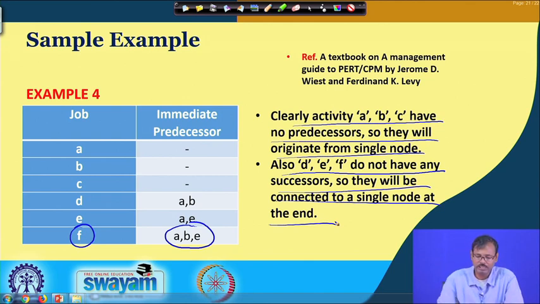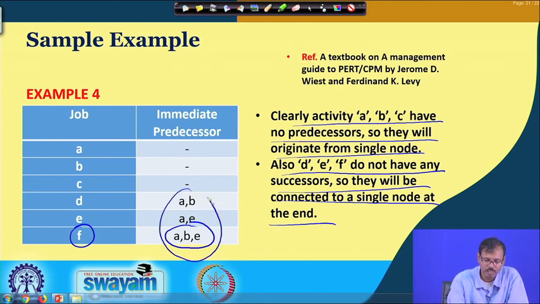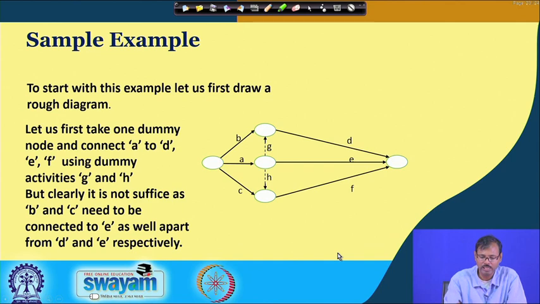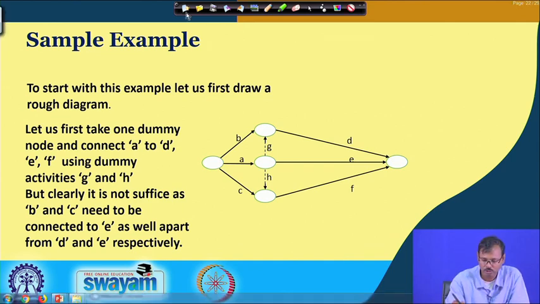So, that means their precedence must be followed with given dummy jobs presented suitably as it is represented in this diagram. So, you can see all the terminating nodes are meeting in the end.